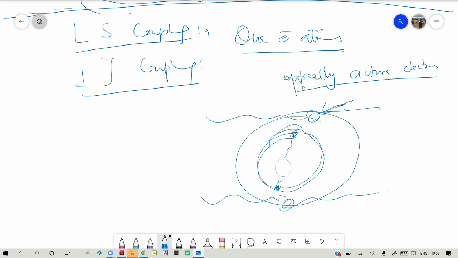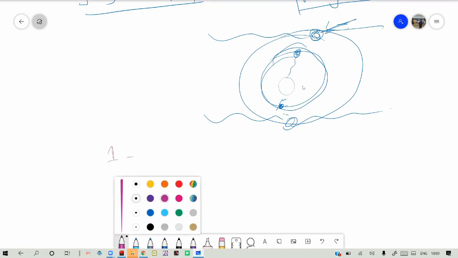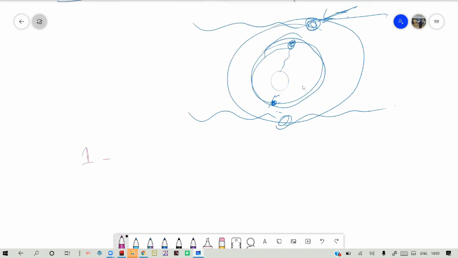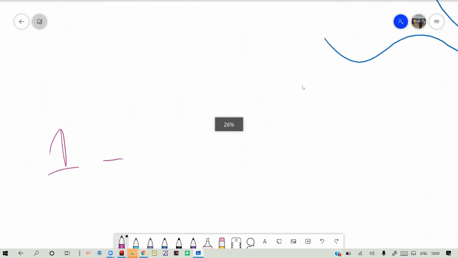Now, in the case of a one electron atom, we have only one electron, which we were talking about. So we don't have any interaction from any other electron if we are treating a one electron atom.